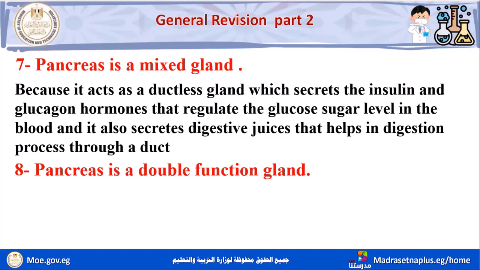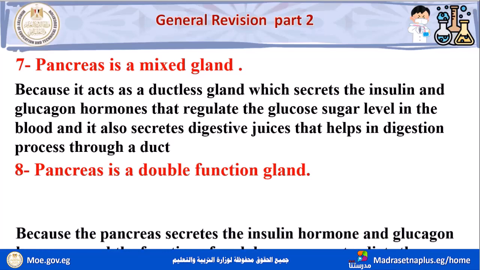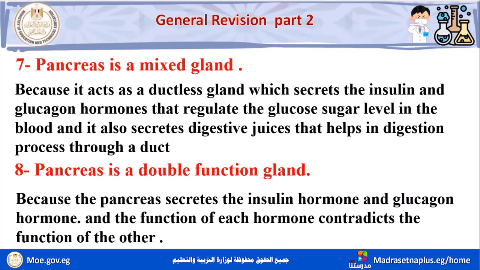Question number 8: the pancreas is a double function gland because it secretes the insulin hormone and the glucagon hormone, and the function of each hormone contradicts the function of the other.